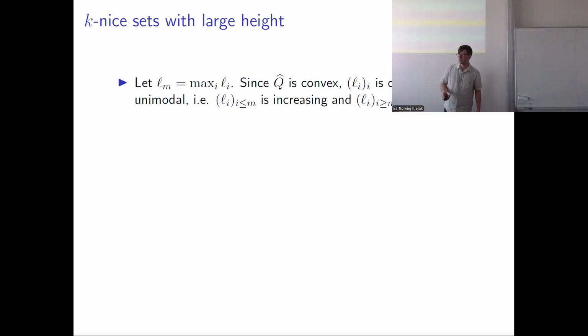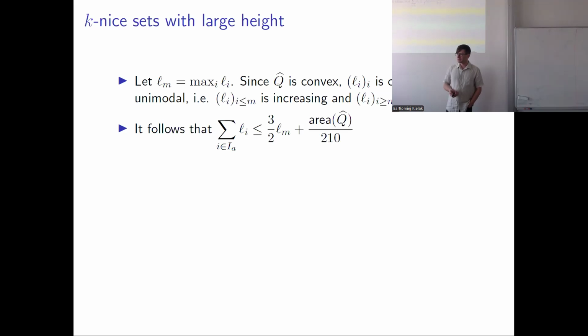We also define M to be the maximum length of a segment at some level. Once we use these properties, we can bound this sum. Maybe I didn't mention that, but we group them according to indices which are congruent to A modulo 210. This is how we group those layers.